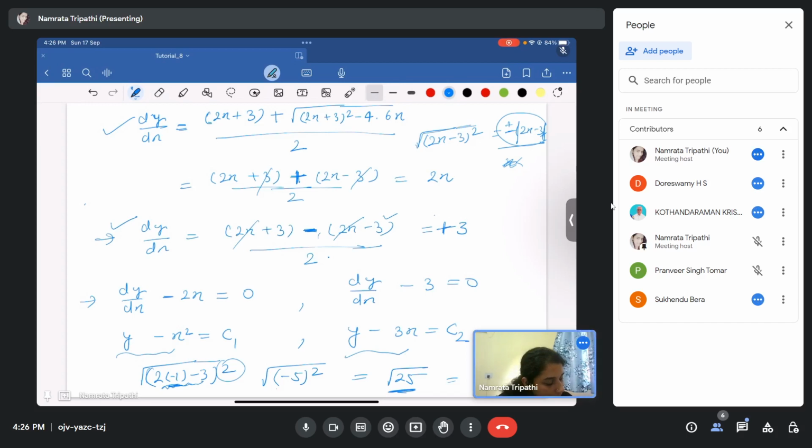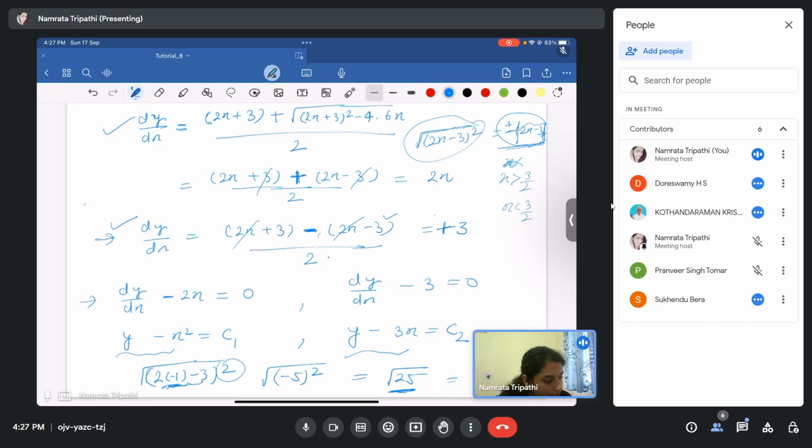After removing mod, after coming out of under root, you can say where this is positive and where this is negative, but this term is positive, no? That's why when under root 2x minus 3 whole square equals mod of 2x minus 3, that means when x is greater than 3 by 2, it should be 2x minus 3. When x is less than 3 by 2, it should be minus 2x plus 3.